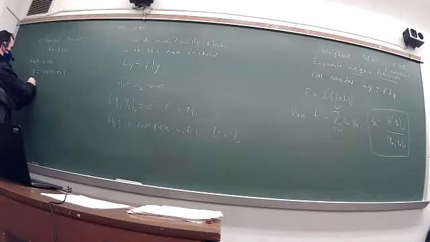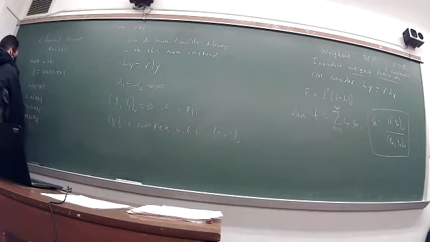Then your next function on the list might be cosine 1 times pi times x. Then your next function on the list might be sine pi x. Then you might take cosine 2 pi x, then sine 2 pi x, and so on and so forth.